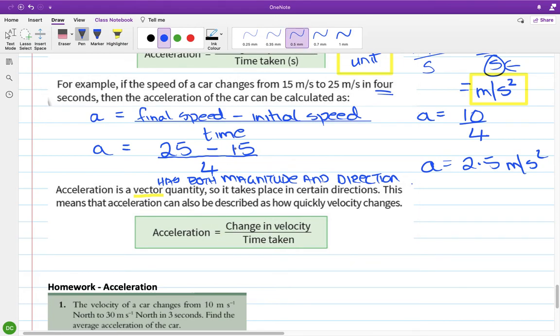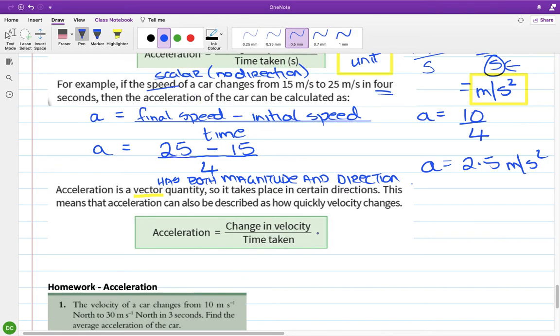In a question like this, where they gave it in terms of the speed of the car, speed, if you remember, is a scalar, which means it has no direction. So in the question, I was given no direction, which means in my answer, I can't give one. You can't invent a direction. Even though acceleration is a vector quantity and should have a direction, I can't give one because I wasn't given one in the question.